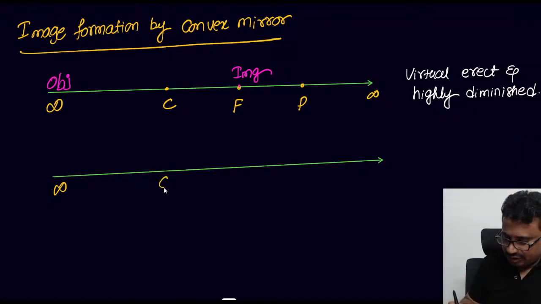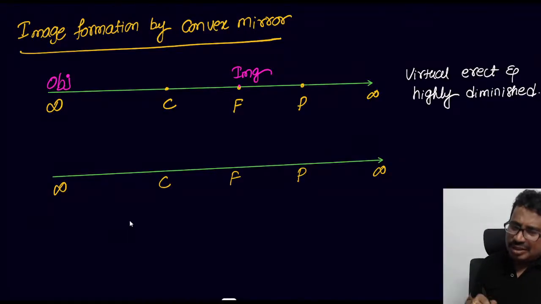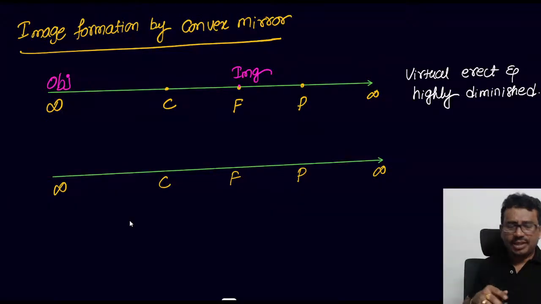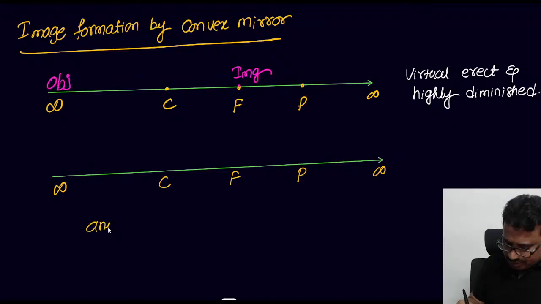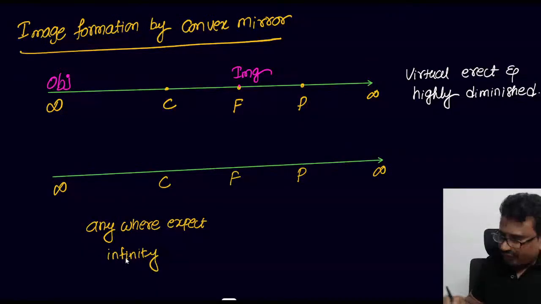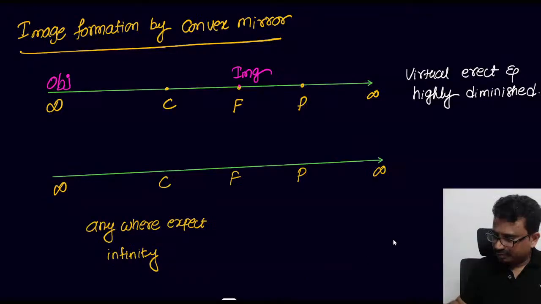Now this is infinity, C, this is focus, P, and infinity. Other than this, if the object is anywhere except infinity, then where will the image form?